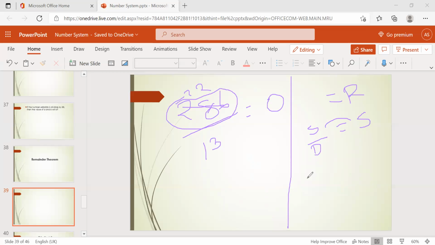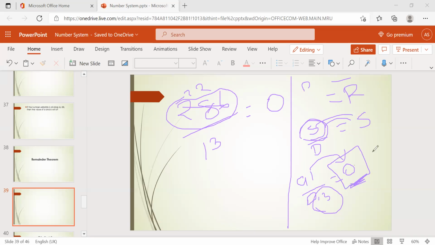And another one: if it is any multiple of the divisor, whatever the multiple, here 13 into 7 is 91, so 91 by 13 gives quotient 7 and remainder 0. So if any multiple of the divisor is divided by it, it is exactly divisible by this number, and that time the remainder is nothing but 0.